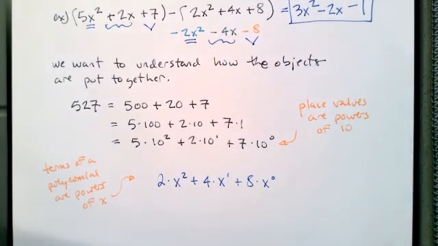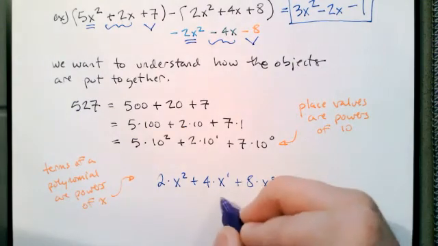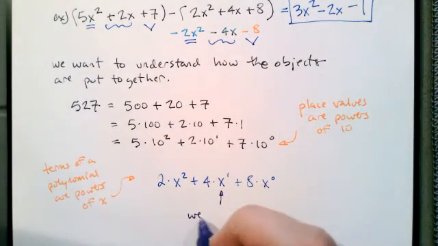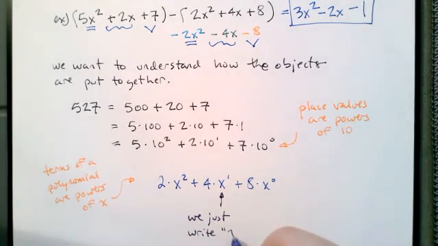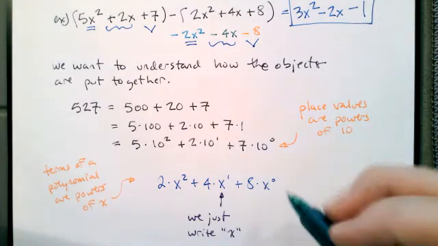So for that, we just write x. And for the x to the 0, we just leave that off.